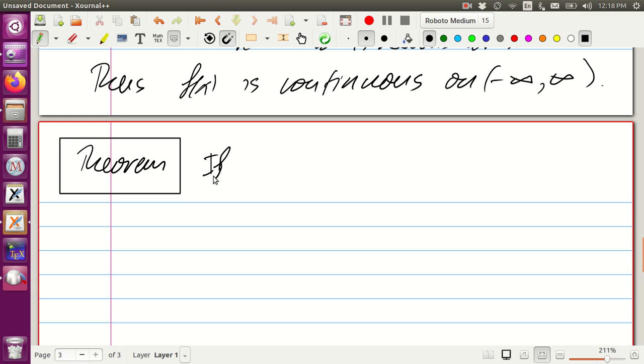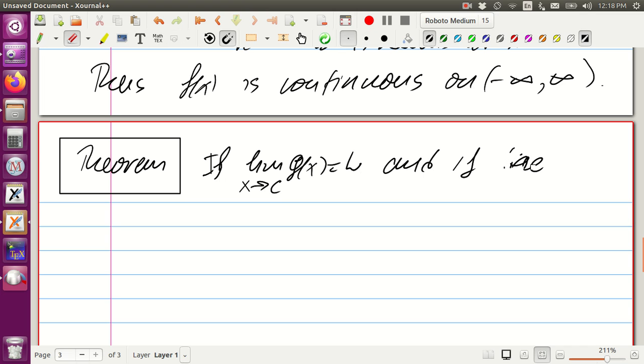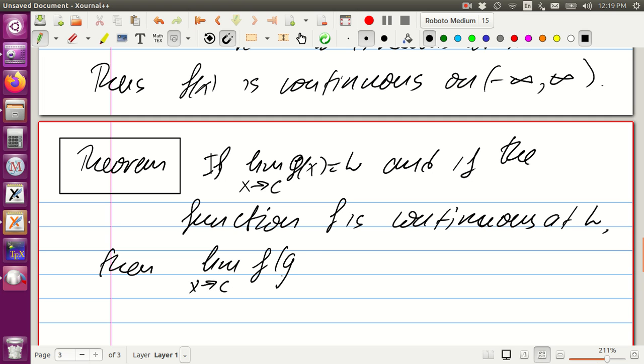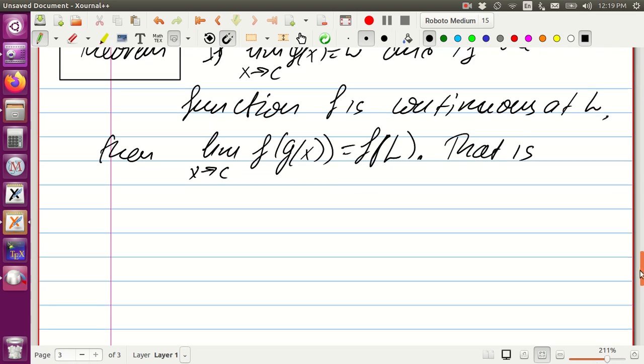The first rule says that if the limit when x approaches c of g of x is equal to L, and if the function f is continuous at L, then the limit when x approaches c of f of g of x is equal to f of L. So to explain what it means, let's write it like this.